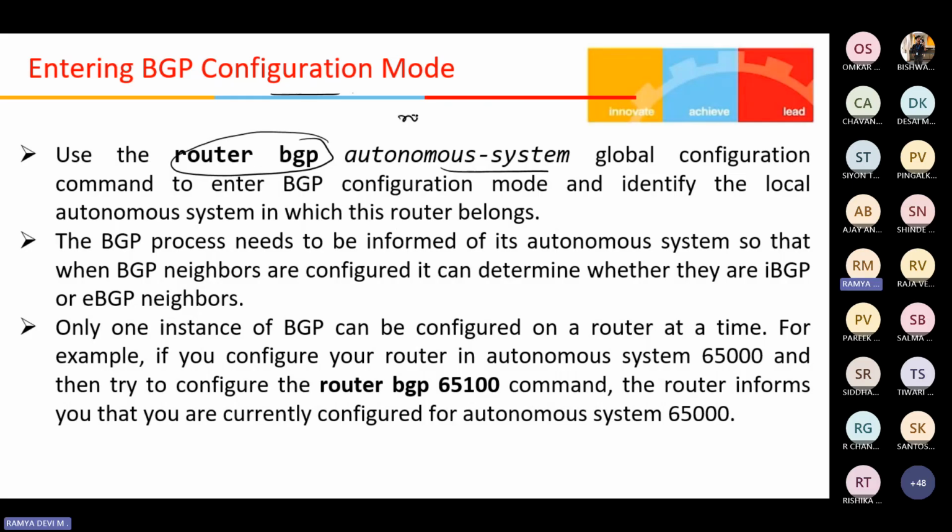Say for example, I've configured router BGP autonomous system number 65000. Later I'm changing it to BGP 65100. In this case, the router will definitely display an error. It will say it is already configured with 65000, but you're trying to reconfigure with 65100. That mismatch will happen.